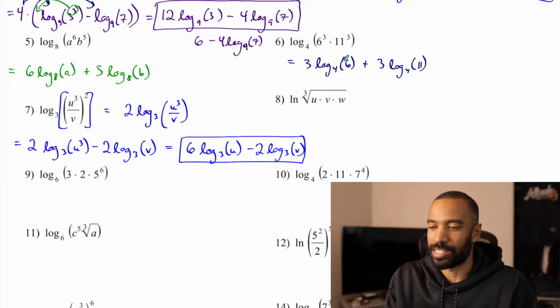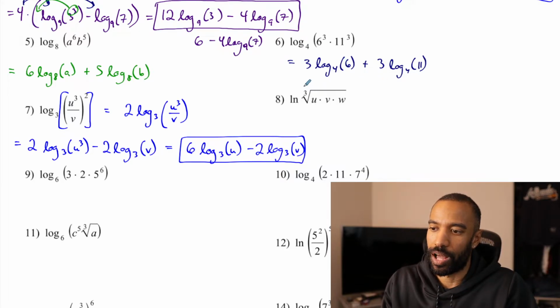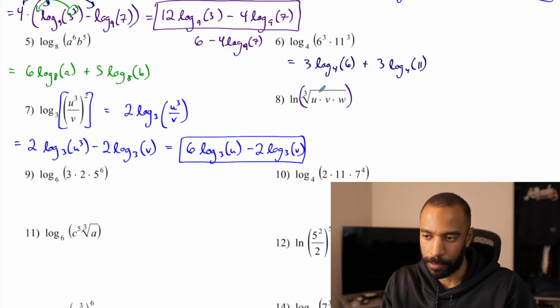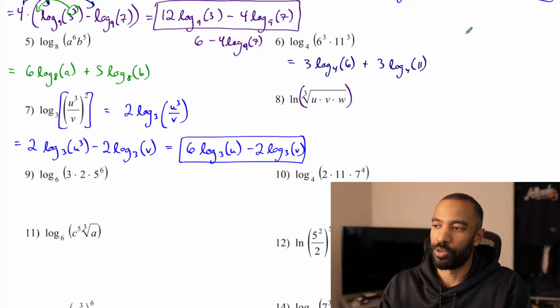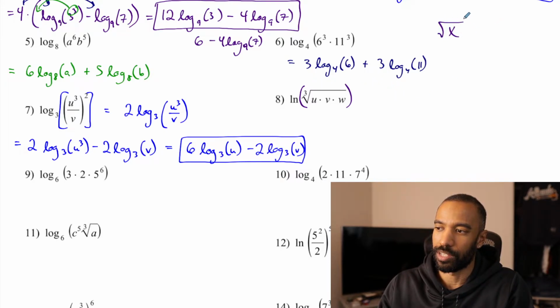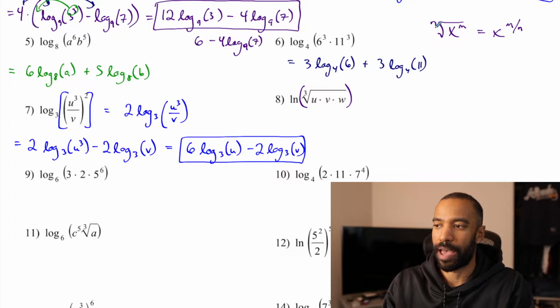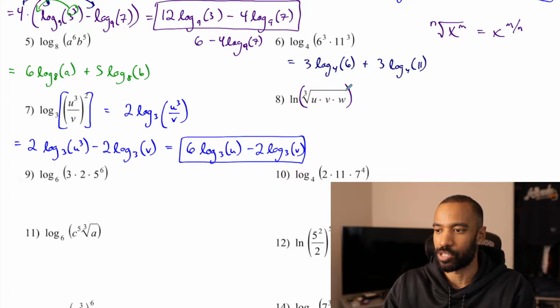Okay, number 8. The natural log of the cube root, not cubed, the cube root of u and v and w. So when you take the cube root of something, or the nth root of anything raised, it's going to be to the 1/3 power. So what happens is this is all to the first power here, and it's the cube root.